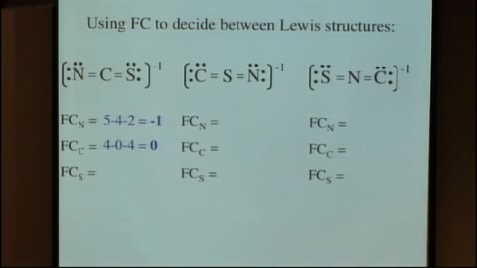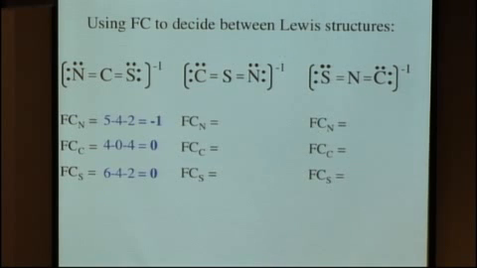For the carbon, we start with 4 valence electrons, we have 0 lone pair electrons, -4, and we end up with a formal charge of 0. For the sulfur, we start off with 6 valence electrons, -4 lone pair electrons, -2, taking into account our bonding electrons, so we end up with a formal charge of 0.